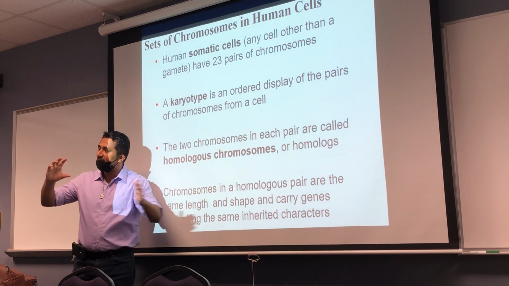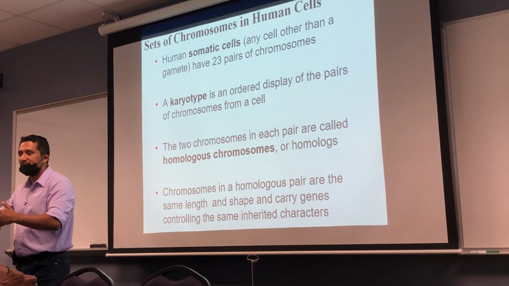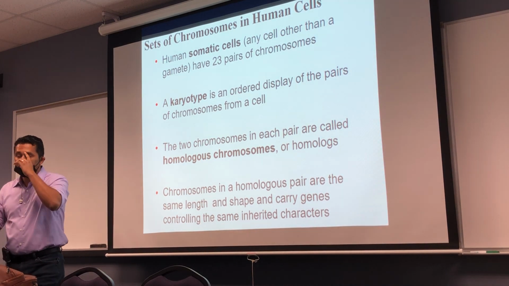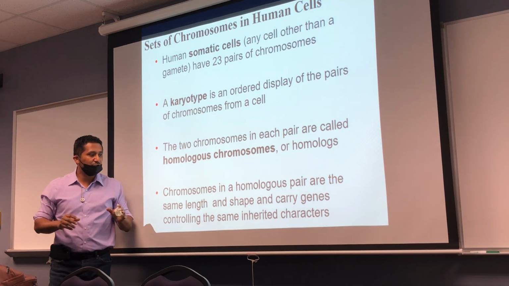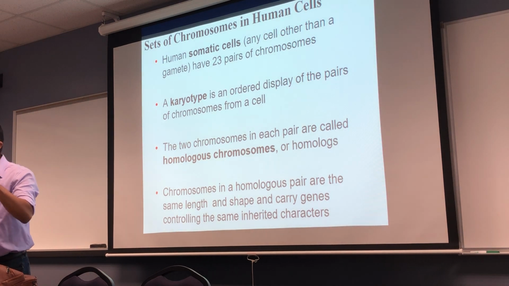The dad's homologous chromosome has the same shape, same length, same size, everything, and it has that particular gene for hair color. But since he has black hair, he will have black hair. Those are alleles. We'll touch more on those differences among the appearances of those traits in the next sessions.